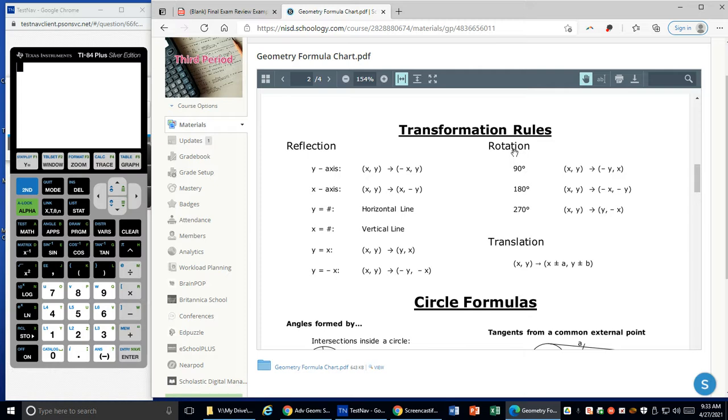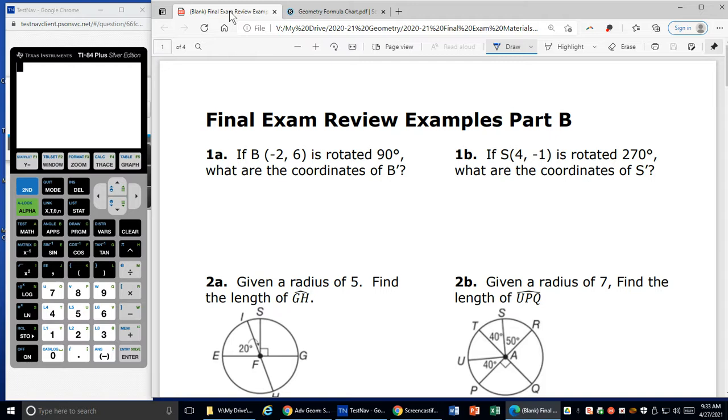So my rotation rule for 90 degrees says xy rotates to the opposite of y, x. Let's write that down. xy rotates to the opposite of y, x.